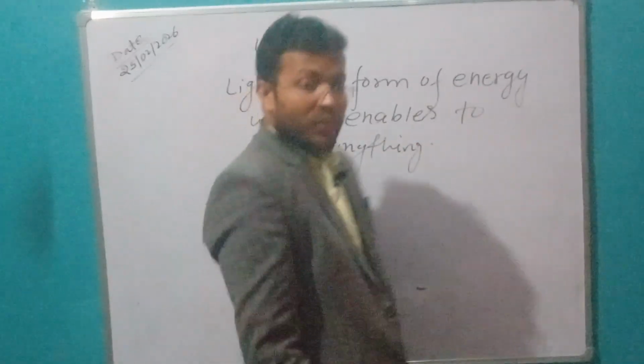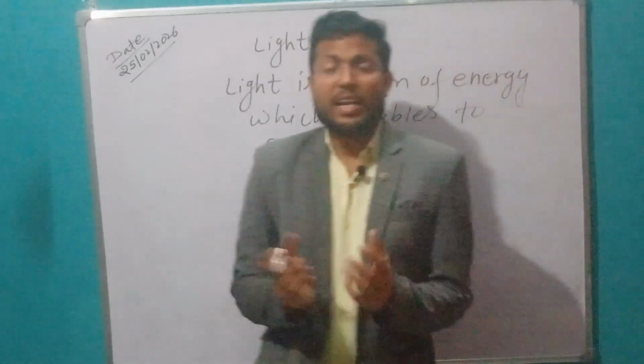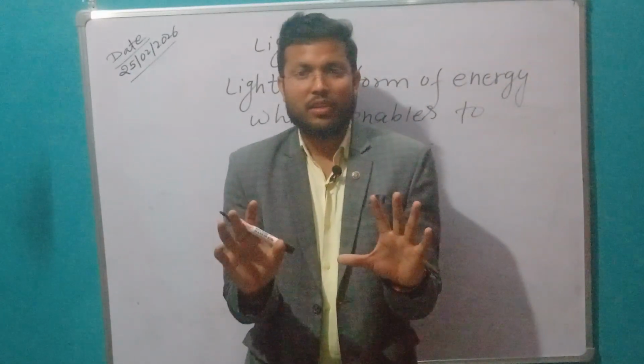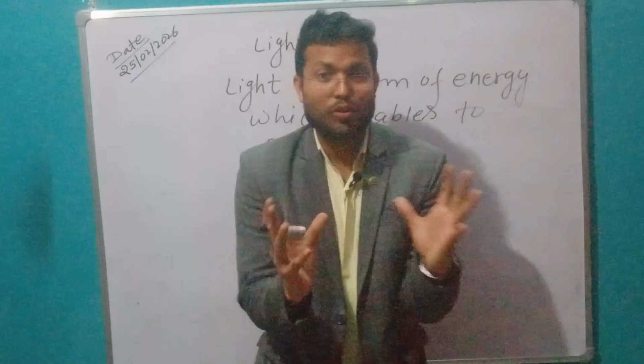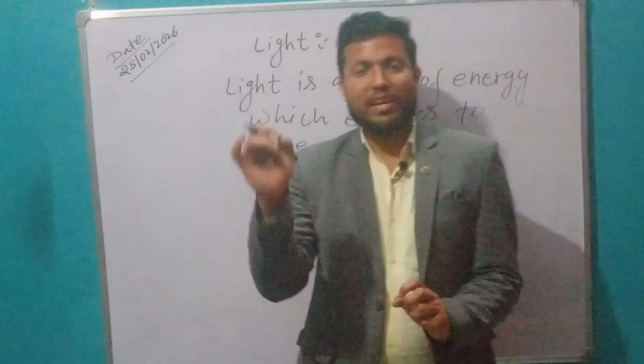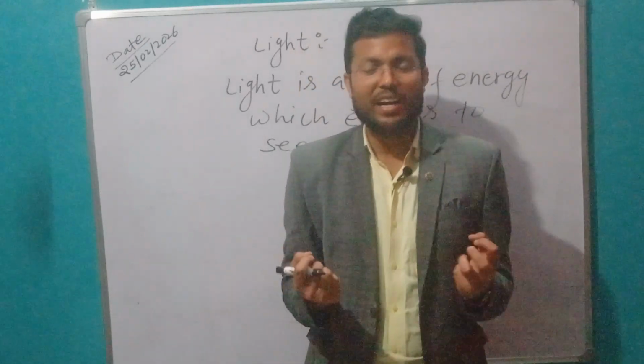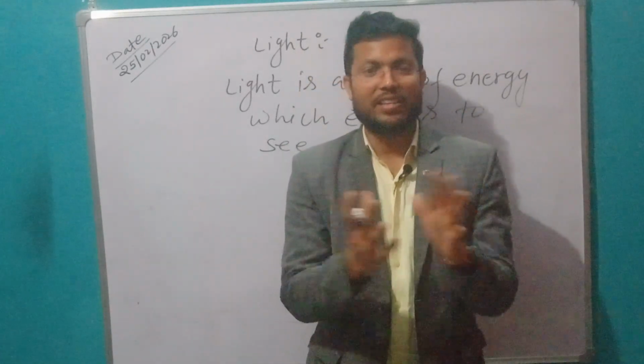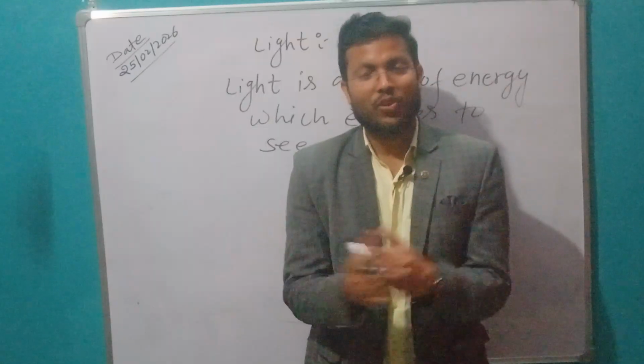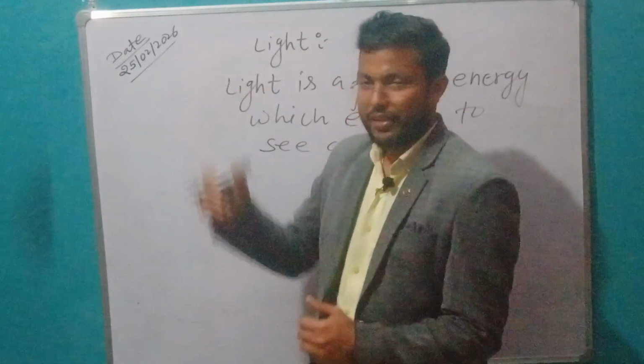Without light, you cannot see what is happening around us. You cannot see the colorful world. This is very important for you and your life. Without light, your life is just like darkness, nothing else. Okay? This is light.